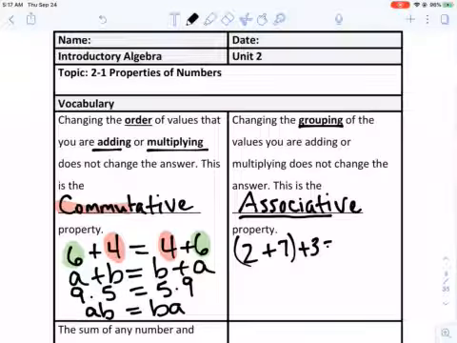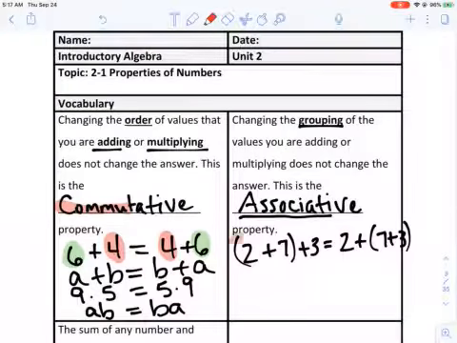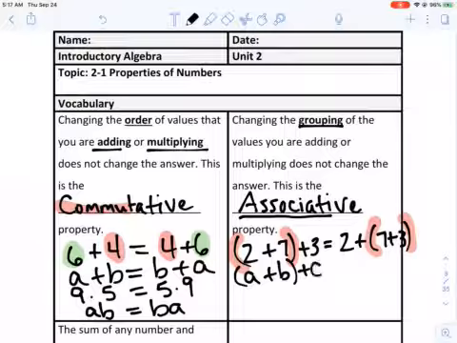Now, all you're really doing is just changing where the parentheses are. The parentheses went from being around 2 to 7 to being around 7 and 3. That also looks like this if you want to use letters.